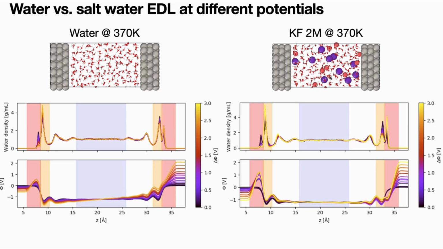Now we also add a little bit of salt in water to make it an electrolyte. The biggest difference here is that in the bulk region, the potential surface is completely flat, indicating there's no electric field in the bulk region. This is because the ions redistribute and screen all of the electric field in the middle.